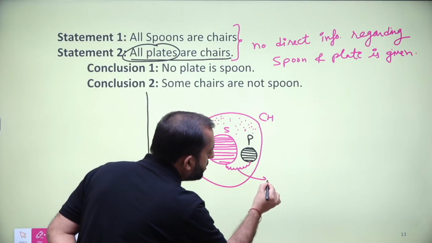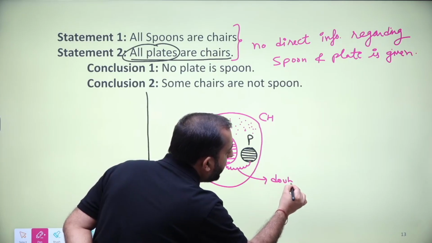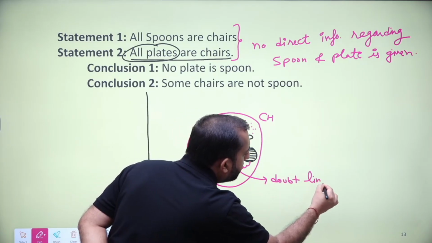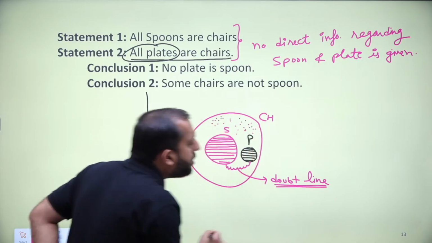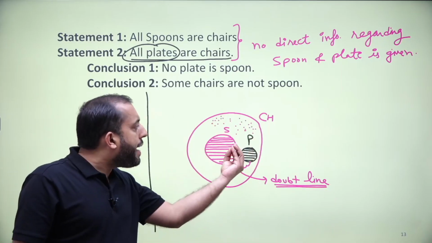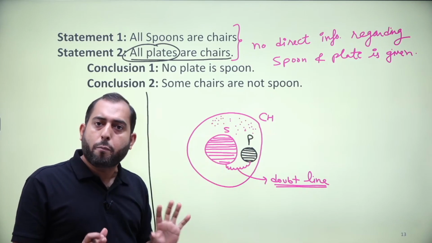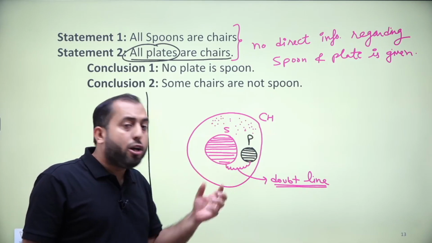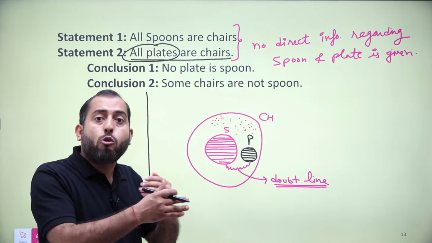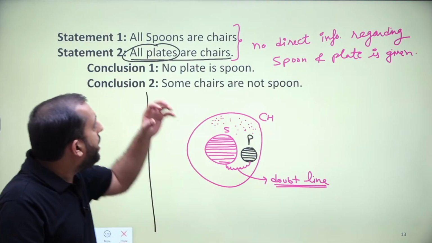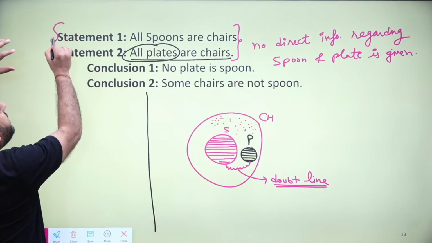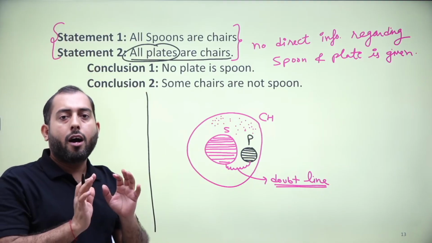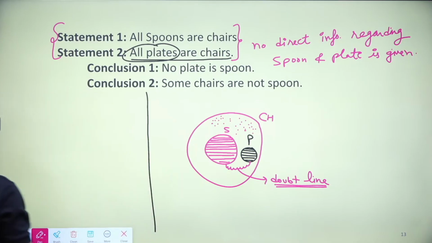What do we mean by doubt line? Doubt line means we do not know what exists between spoon and plate. The meaning of doubt line is that how spoon and plate are related is not given directly in the statement. I hope this is clear. Kindly draw it.